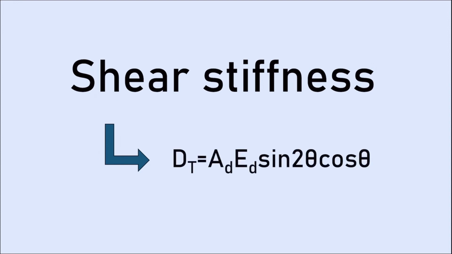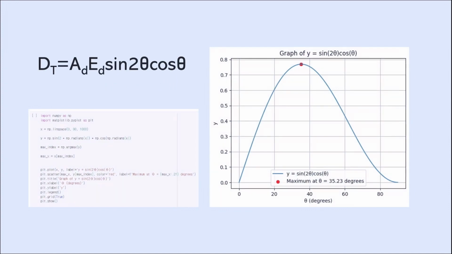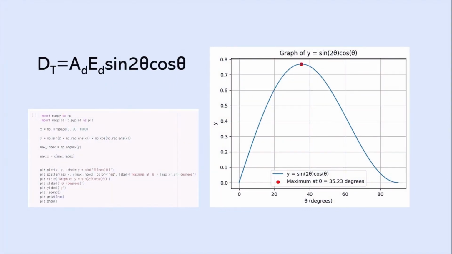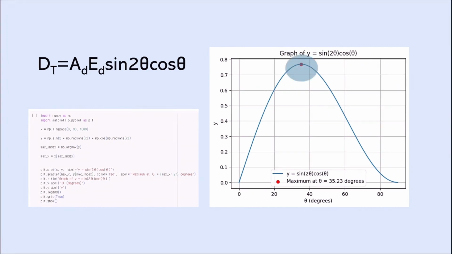The shear stiffness is defined as the force withstanding shear force as shown in the above equation, and the optimal zeta value for the maximum shear stiffness of the system is the zeta at which sine 2 zeta, that is, sine zeta times cosine zeta, is at its maximum, which is about 35 degrees from the graph above.